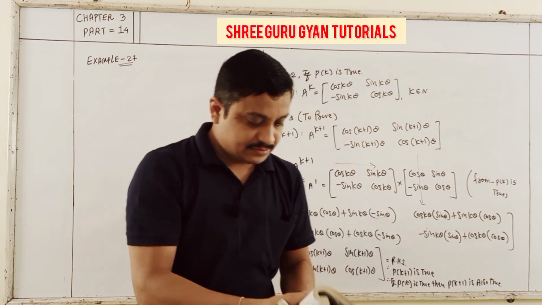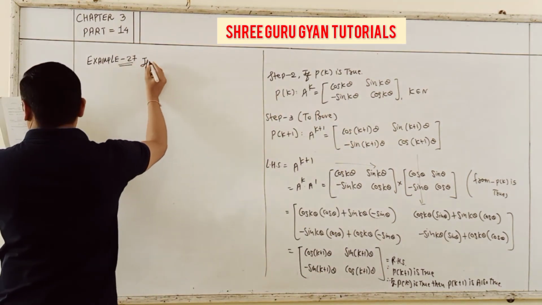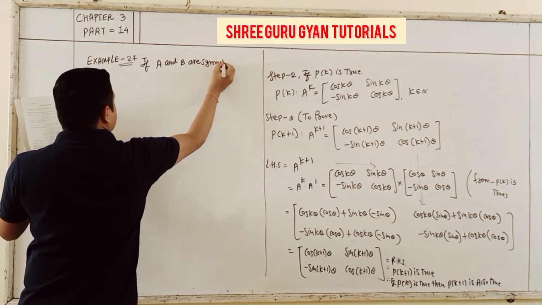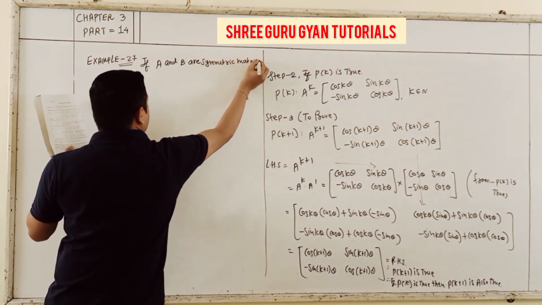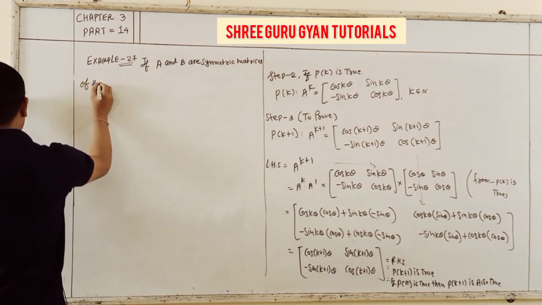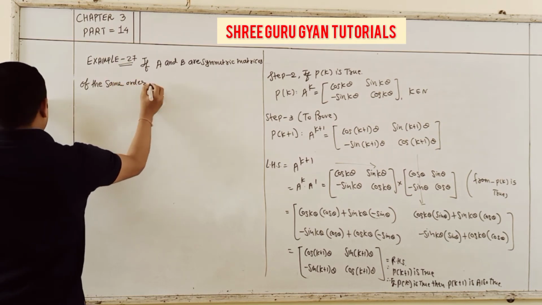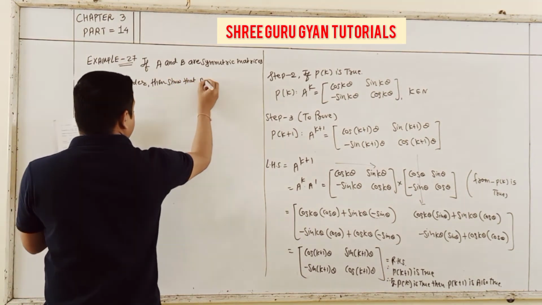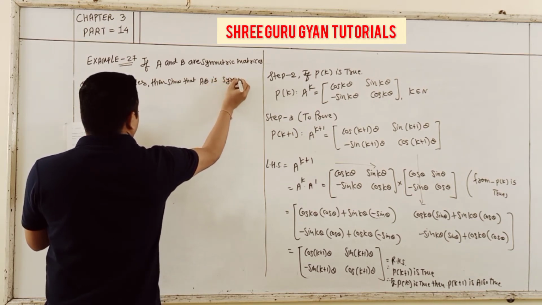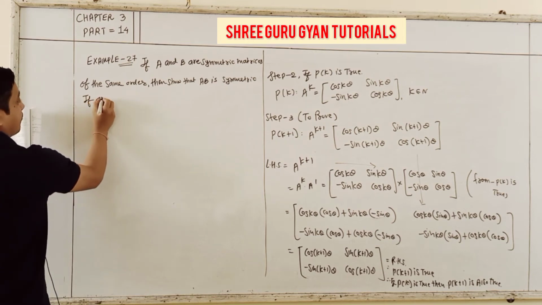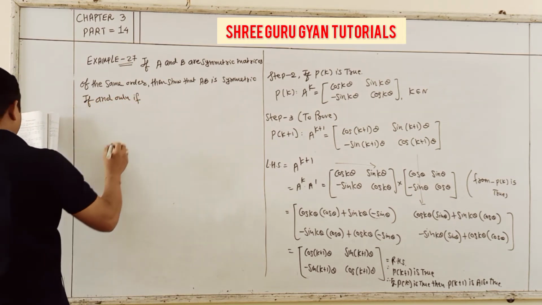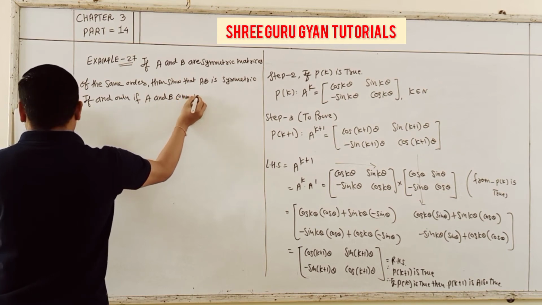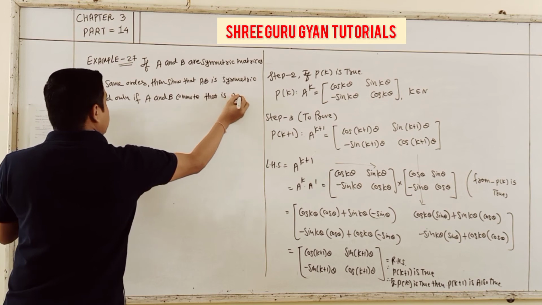If A and B are symmetric matrices of the same order, then show that, yes, the question is show that AB is symmetric if and only if A and B commute, it means both, that is AB is equal to BA.